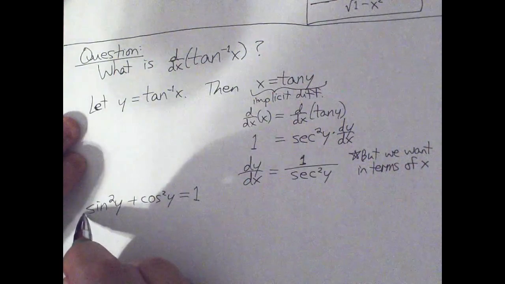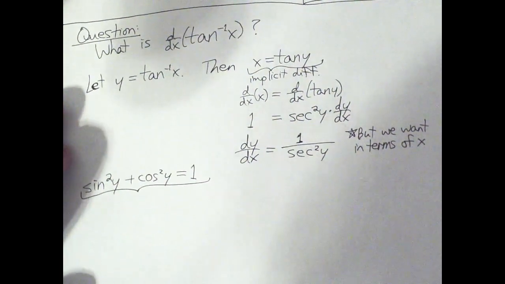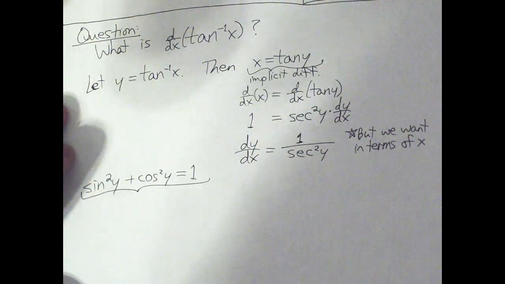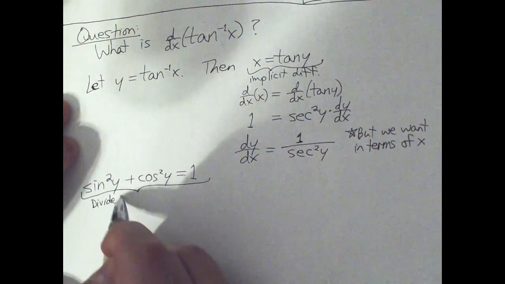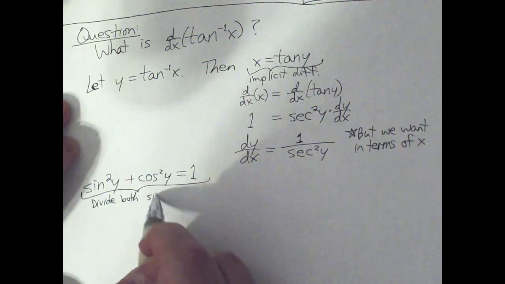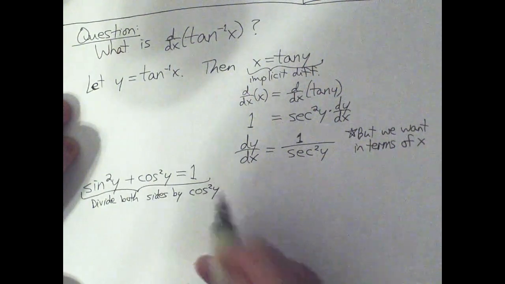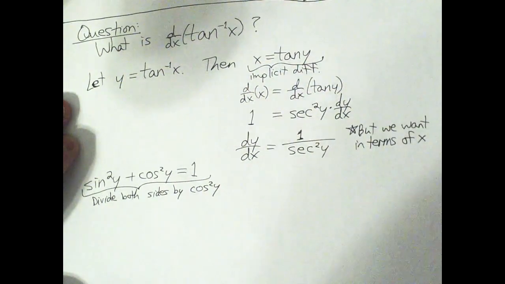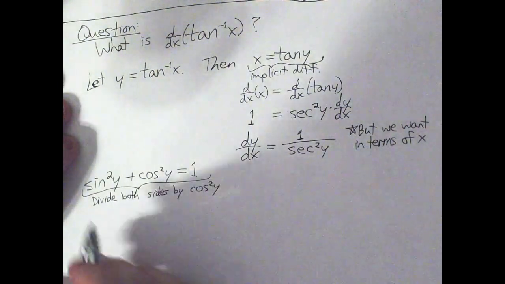I'll show you a cool trick. I mean, you've probably seen this before at some point in your math classes. What if you take this and divide both sides by cosine squared? So the usual sine squared plus cosine squared equals 1, but I'm going to divide everything by cosine squared y.